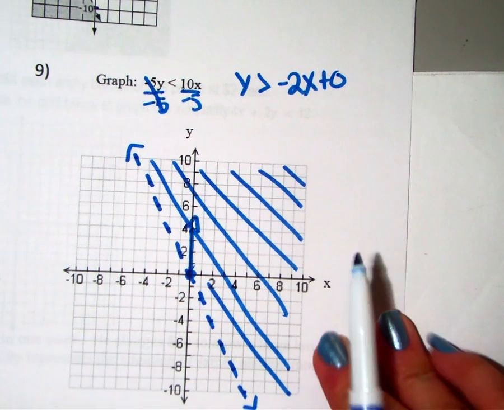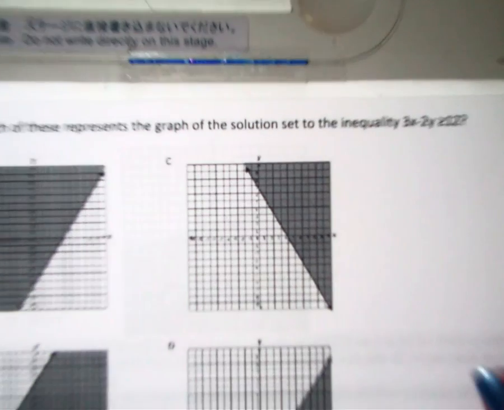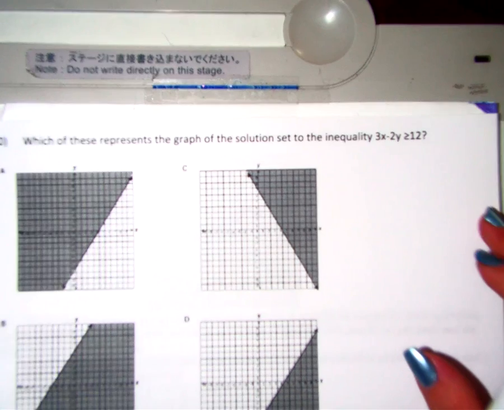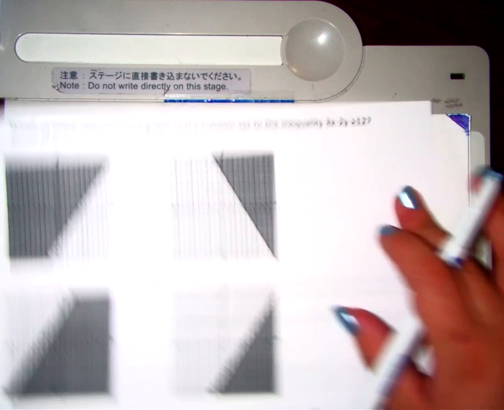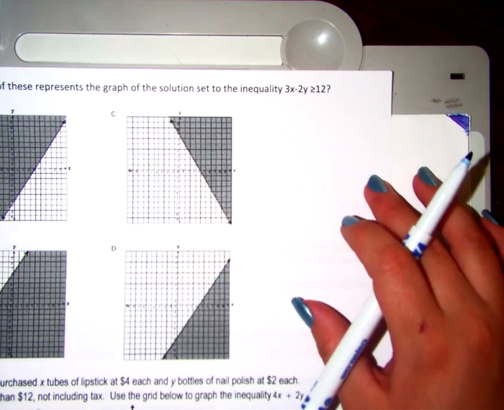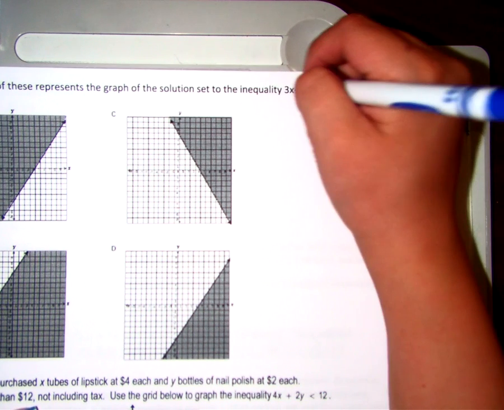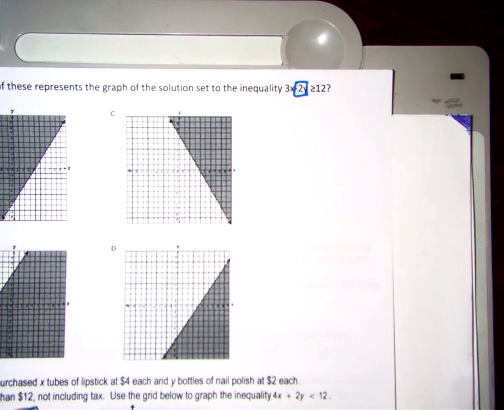Alright, let's look at number 10. Which of these represents the graph of the solution set to the inequality? 3x minus 2y is greater than or equal to 12. So we want this y by itself.